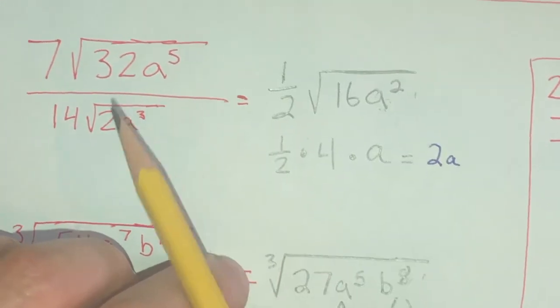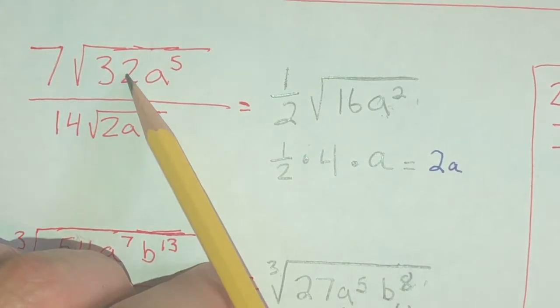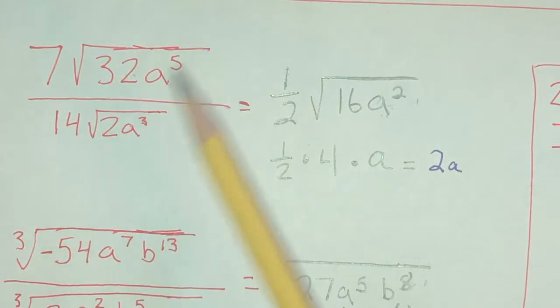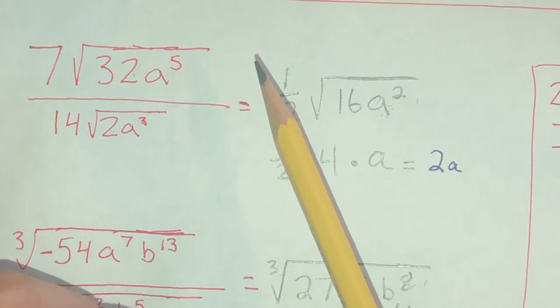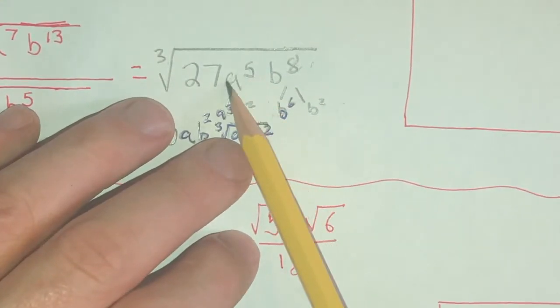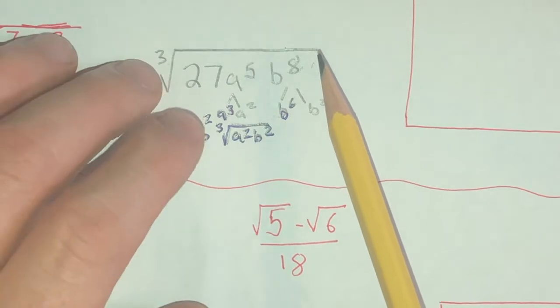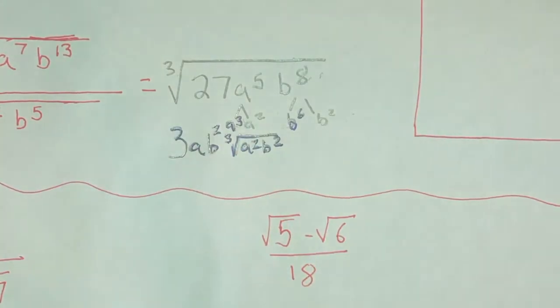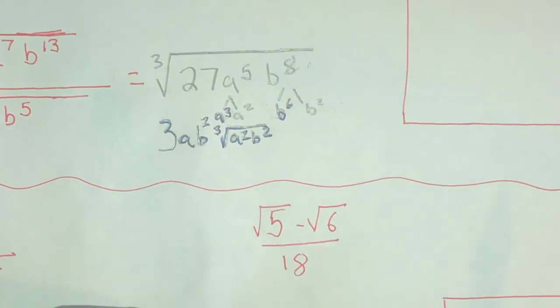Here's a good example, right? So 32 doesn't have a square root, but a number that goes into 32, namely 16, does, right? a to the 5th doesn't have a perfect cube root, but a to the 3rd, which goes into a to the 5th, does.